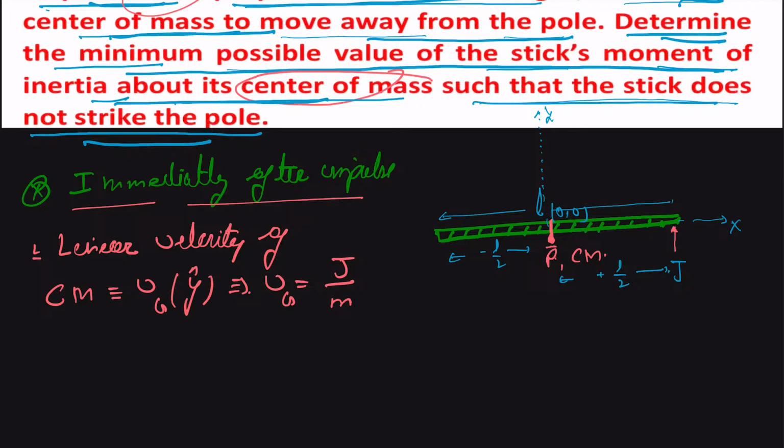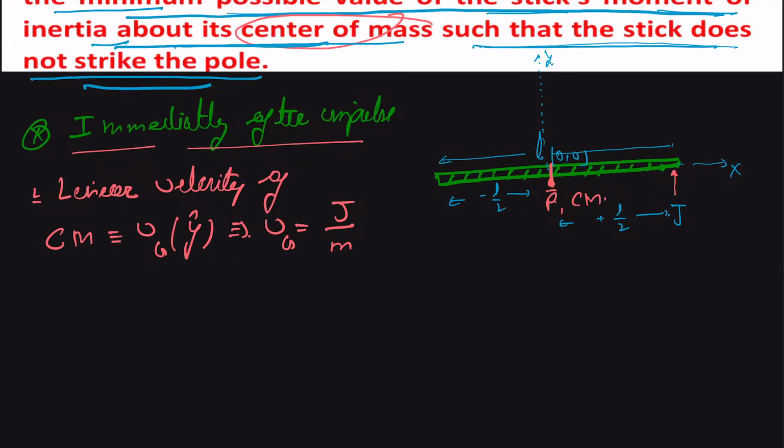We can also find the angular velocity with which it is going to rotate, once again with respect to the center of mass.